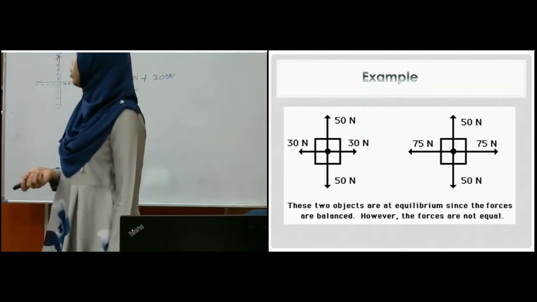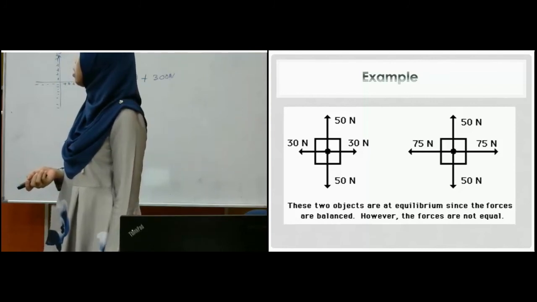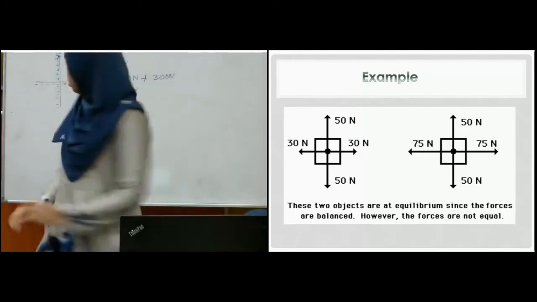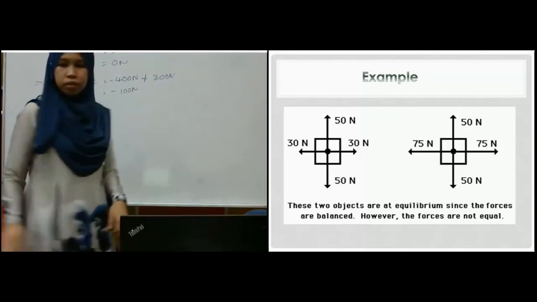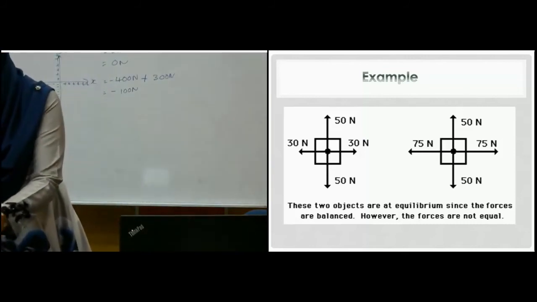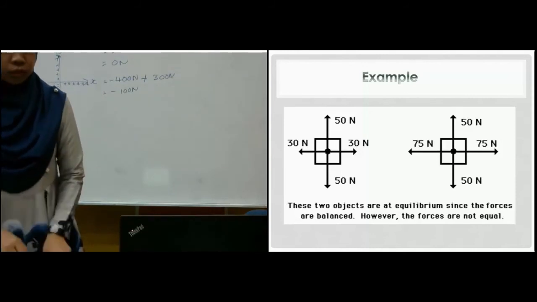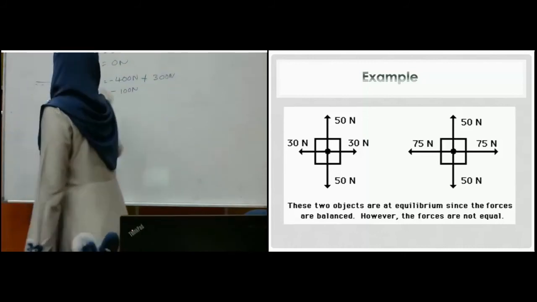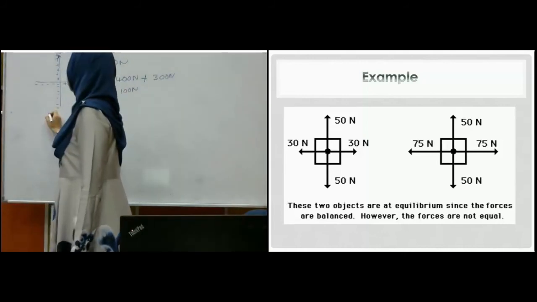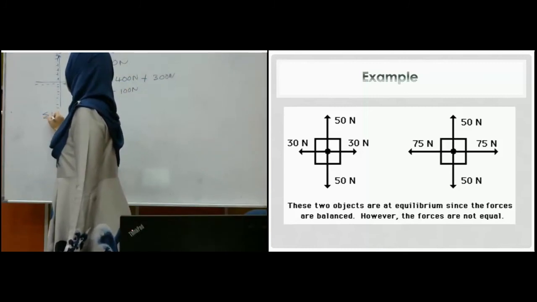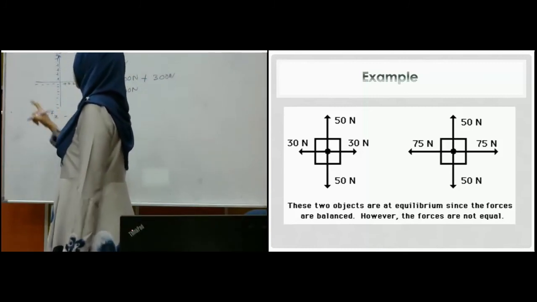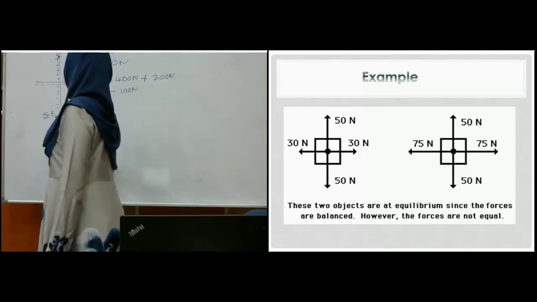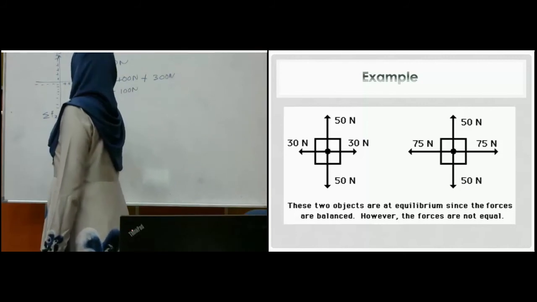Okay, right here, example. These two objects are in equilibrium since the forces are balanced. How do you check this force is in equilibrium? For this case, you can simplify. Total Fx is equal to negative 30 Newton plus positive 30 Newton.